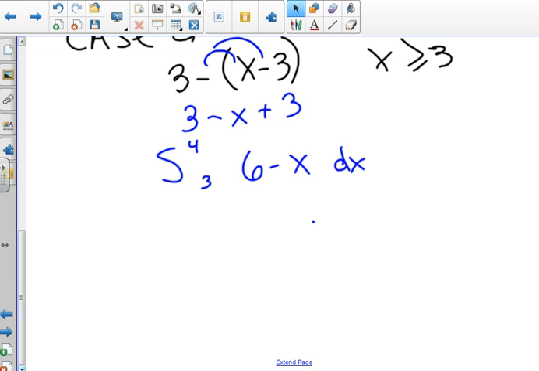Oh, here's why, because we integrate them. So you do square root of 2, right? That's why.